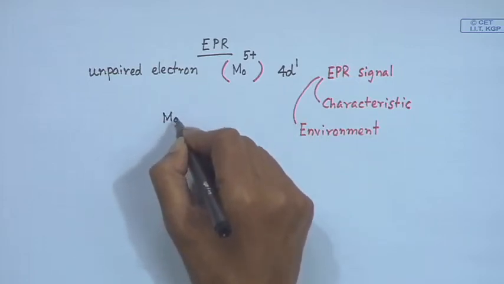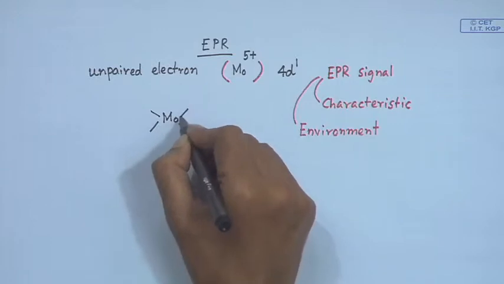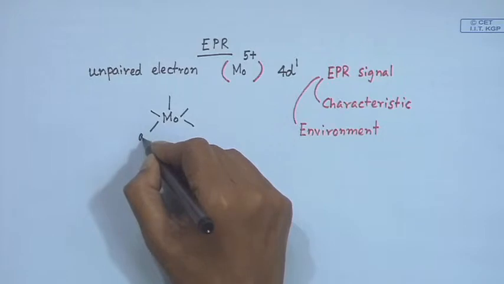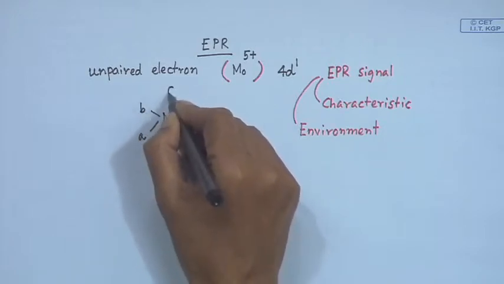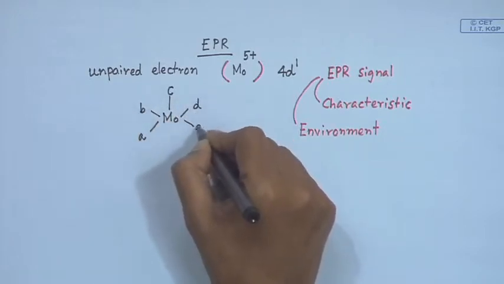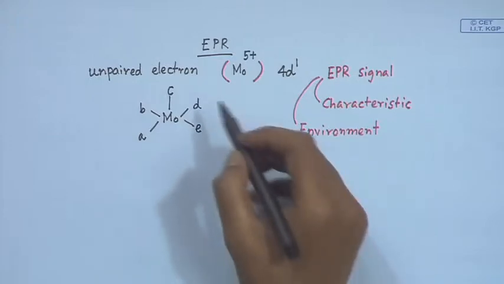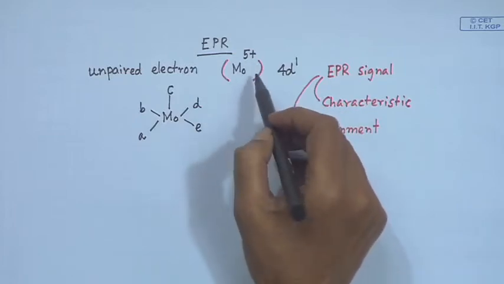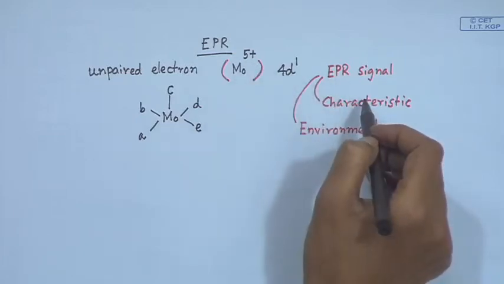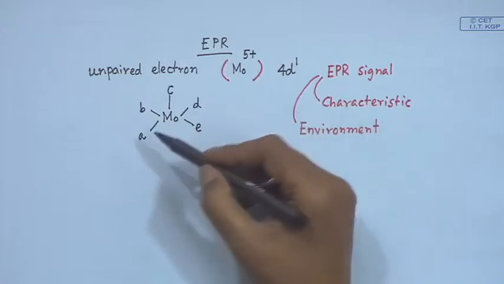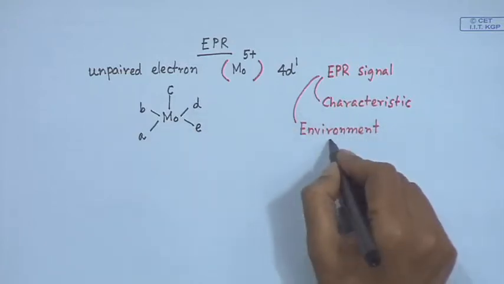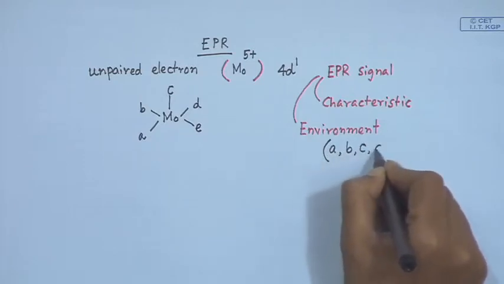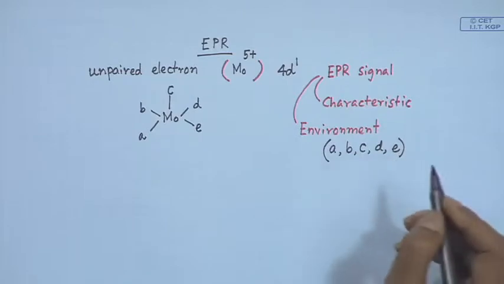If this molybdenum is in a 5 coordinated form, that means it has 5 donor groups and we do not know what those are, it can be A, B, C, D, E. So, initially the spectroscopic technique can detect that if you have molybdenum in the pentavalent state, we get the corresponding characteristic EPR signal. Next, we try to locate the corresponding environment, that means what the donor groups A, B, C, D and E are.